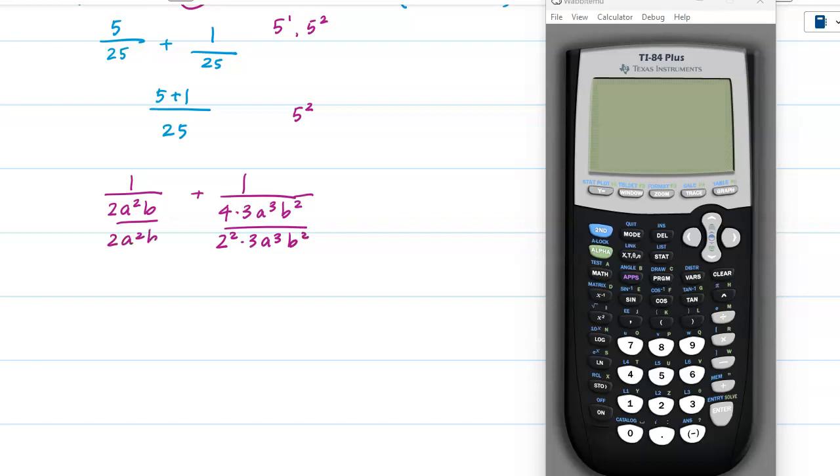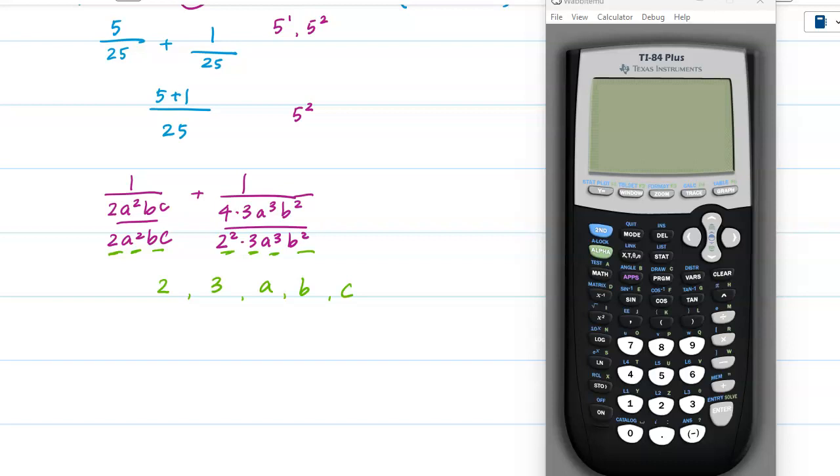So if I look at all the factors that are available, 2. And then there's a factor 3. And then there's a factor a. And there's a factor b. Okay, and if I tag along, if I put a c here, I also see a factor c. And I don't mean what they have in common. I just mean every single factor in the denominator.